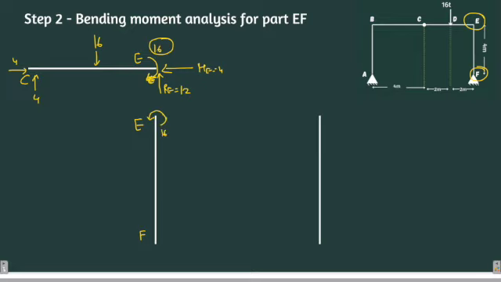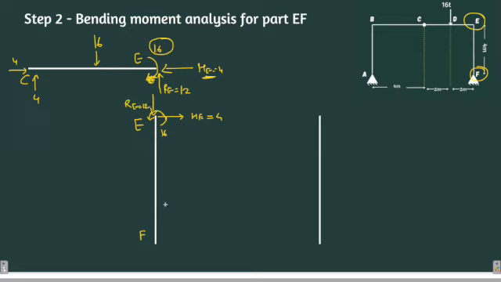Now there was a horizontal reaction from right to left, so there is another reaction HE, which is from left to right, of 4 units. Now opposite to RE, there must be a reaction at E, which is again 12 units but opposite in direction.